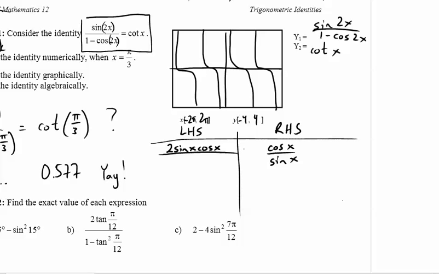Okay? If we did 1 minus negative 1, then we get 2. That wouldn't work. Okay, so this is the easiest way, if we've got 1 minus something, we're going to use the one that has positive 1. 1 minus 2 sine squared x. Because what happens is that when the negative sign goes in, the 1s will cancel, leaving us with 2 sine x cos x over 2 sine squared x.